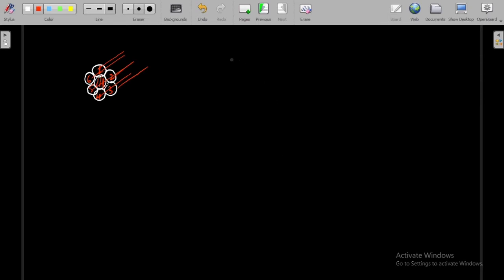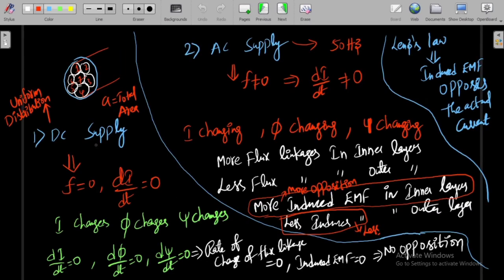So the effective area, previously when you supply the transmission line with the DC supply, what is happening? The current is distributed uniformly, means through each and every strand the current remains the same. When through each and every strand the current remains the same, in finding the resistance we need to consider the total area.